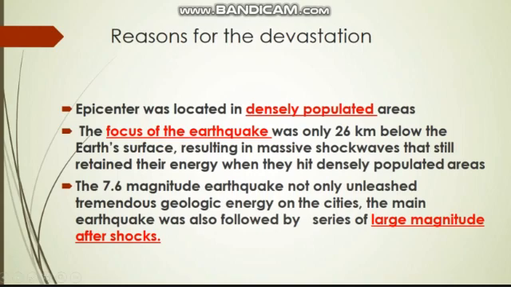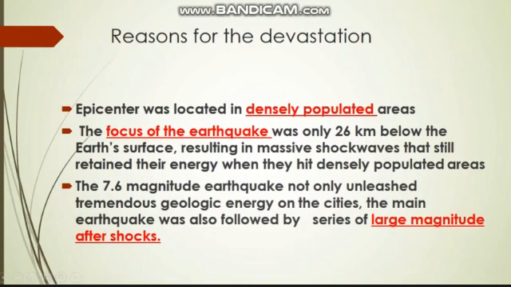It was not very deep down. That is why the aftershocks and even the shock waves after the earthquake were very large. The 7.6 magnitude earthquake unleashed tremendous geological energy from the internal structure of the Earth on the cities.